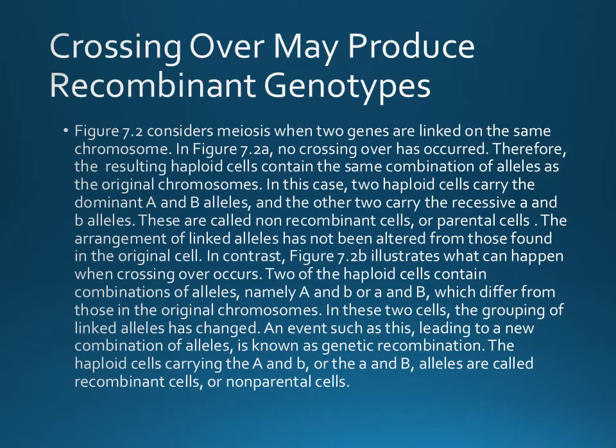When genes are linked, the phenomena of crossing over cannot occur. Therefore, the resulting haploid cells contain the same combination of alleles as the original chromosome.